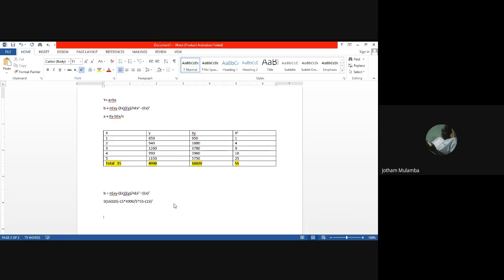So now you can put those values in your calculator and get the figure.